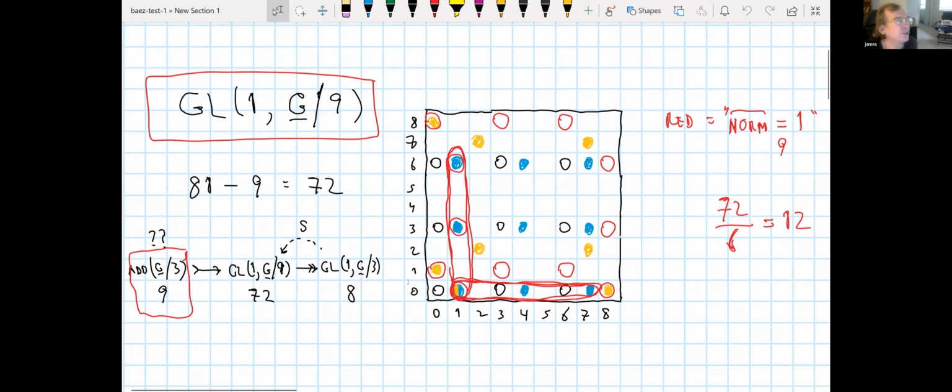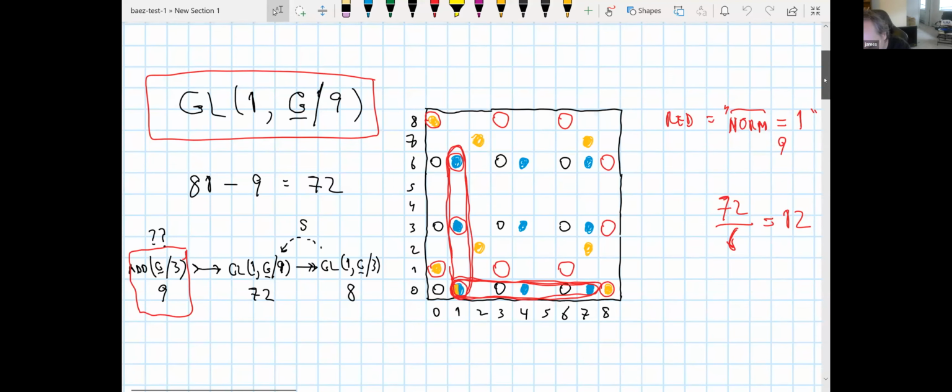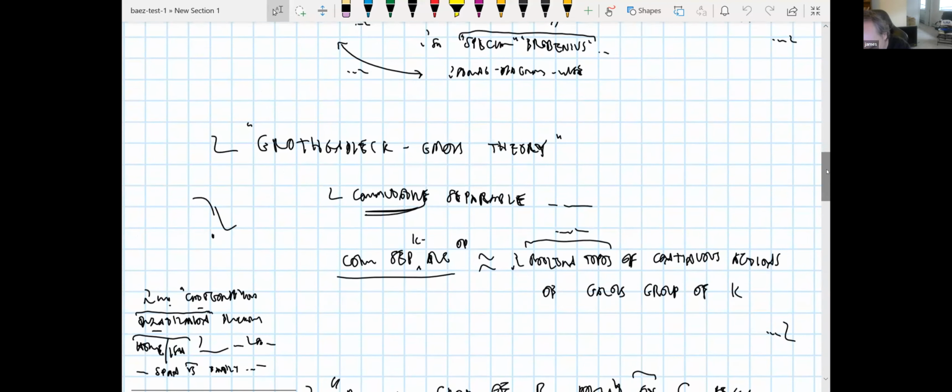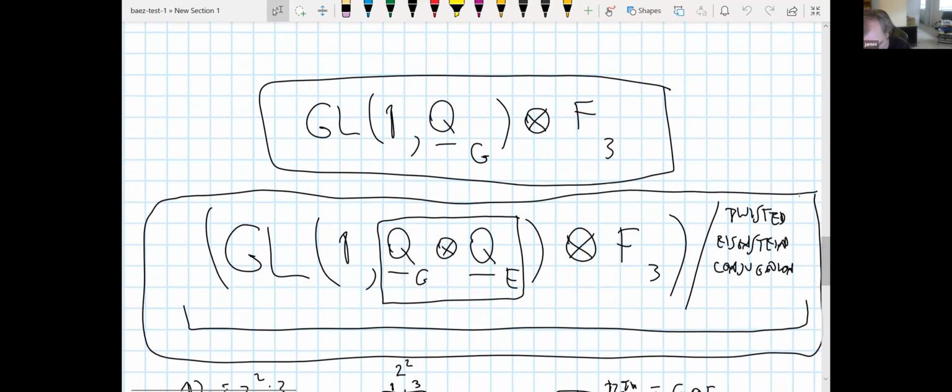So to me, this is a somewhat satisfying solution to the puzzle. I mean, there's more things I need to understand here, but it's propaganda for the idea that this is a correct conjecture.